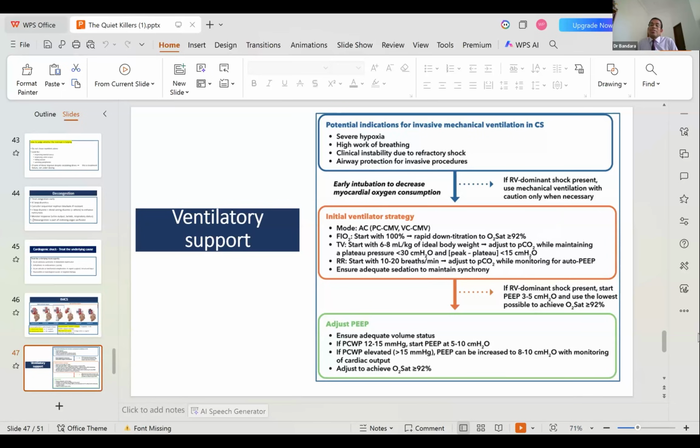Your tidal volume is 6 to 8 mL per kg of ideal body weight, and your plateau pressure is less than 30 centimeters of water. Your respiratory rate should be kept at 10 to 20 breaths per minute, and your PEEP should be monitored. Your PEEP is usually around 5 to 6, and depending on the patient's oxygen status, you can adjust your PEEP level. So this is the ventilatory support for a patient with cardiogenic shock.